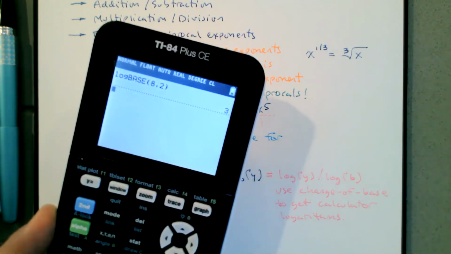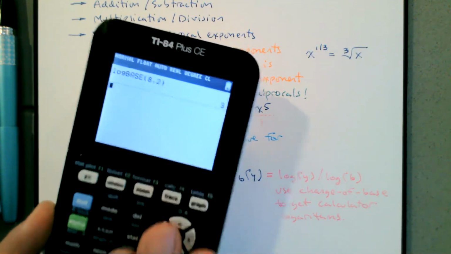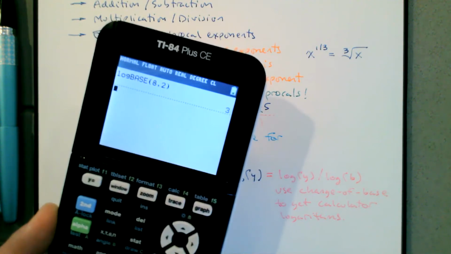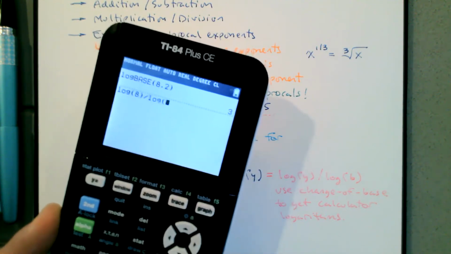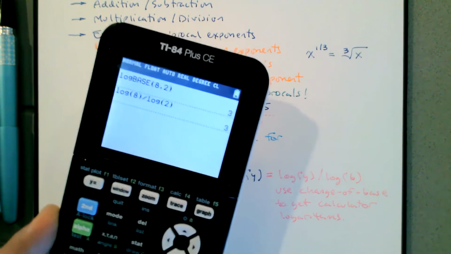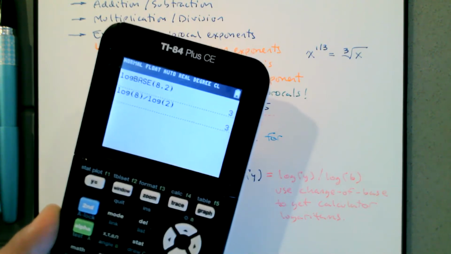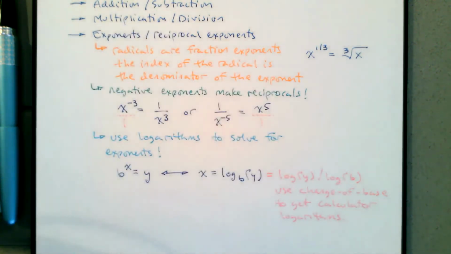At least they're trying. Good job, Texas. Pretty good. But if we just do the log of 8 divided by the log of 2, that would be the log base 2 of 8. So we need to use logarithms to solve for exponents. There's a lot of extra stuff that goes along with exponents.